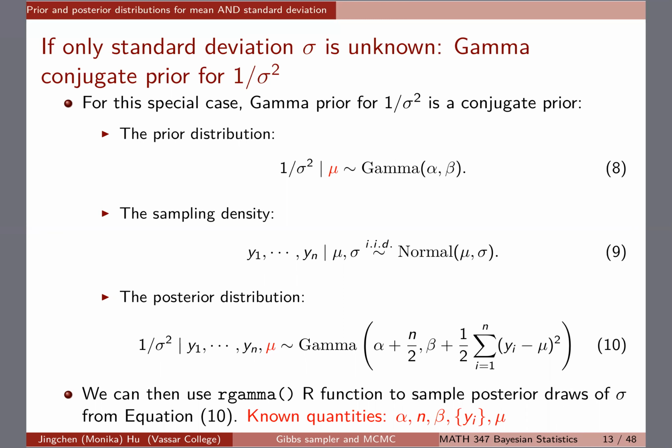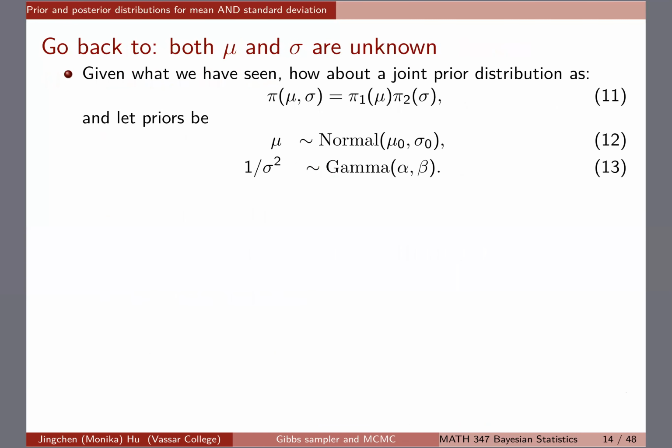And second of all, who knows whether the sigma should be fixed or should be random? If you want to give the model enough flexibility, you might just let it be random as well. So this is the motivation of why you want to have both parameters unknown, and how to carry out the remaining steps of the Bayesian inference is the focus today.